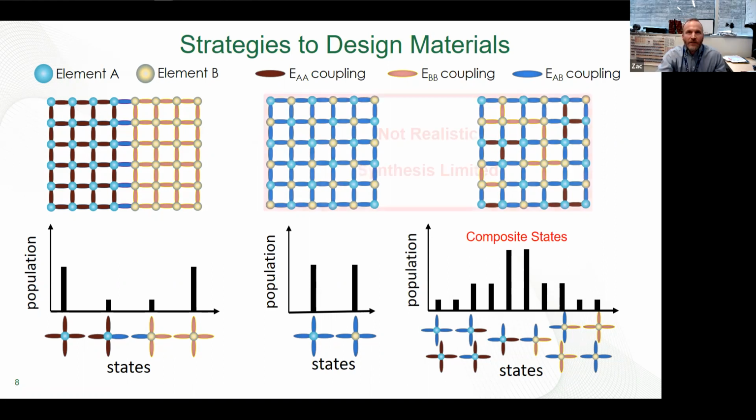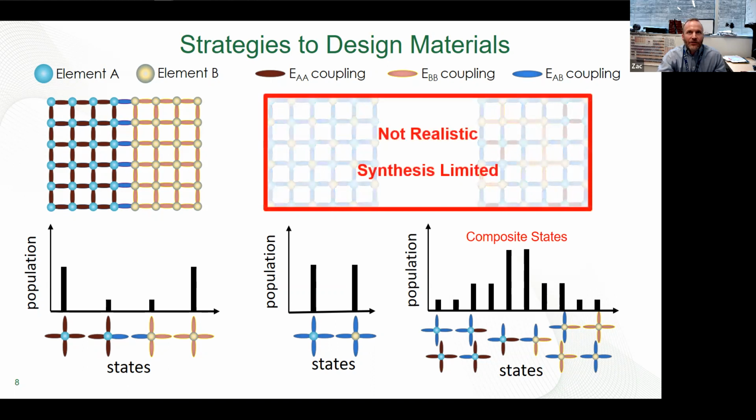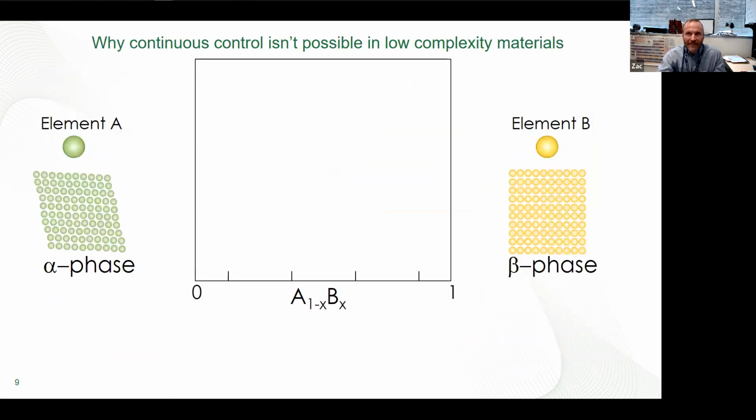The problem, of course, is that with just two elements, it's really not realistic, because this is synthesis limited. This is more of a materials science problem. If we've got our phase diagram here, let's say we've got element A and it forms some parent phase, the alpha phase, that it's happy in. You've got element B, which forms some other phase.